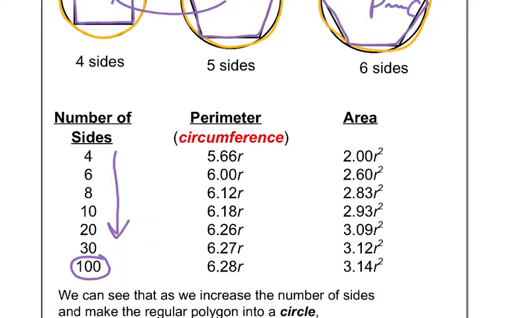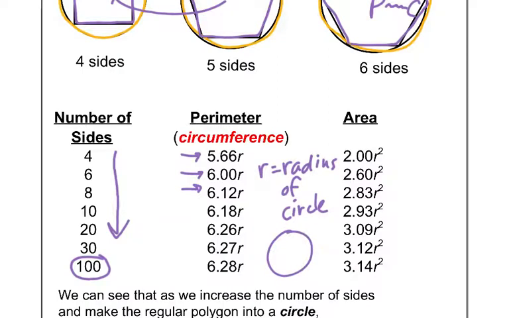This is the perimeter of each shape. If it's 8 sides, what's the perimeter of the 8 sides? And R stands for the radius of the circle. We'll talk more about radius when we get into the chapter about circles, but I think many of you know that the radius is the distance from the center of the circle to any point on the outside.